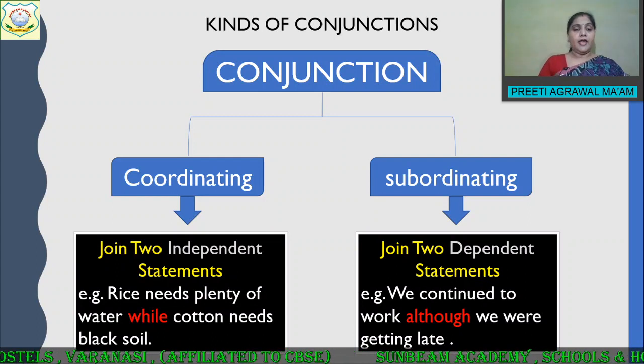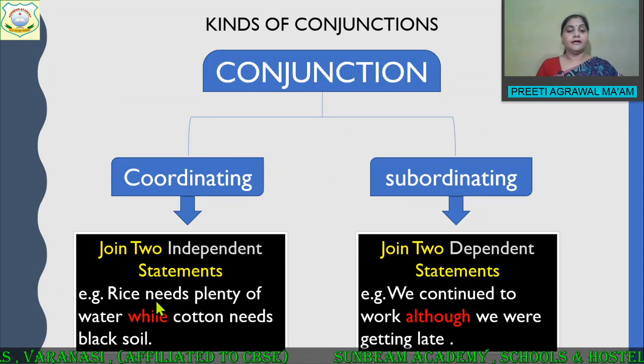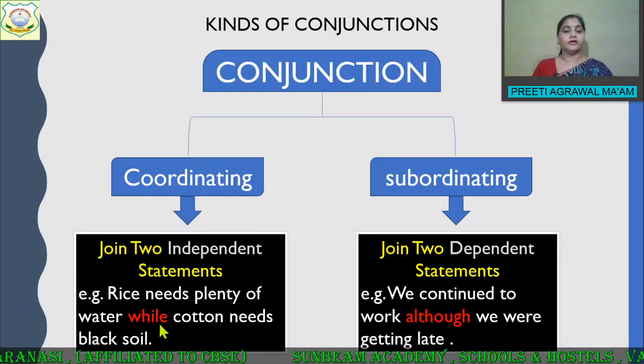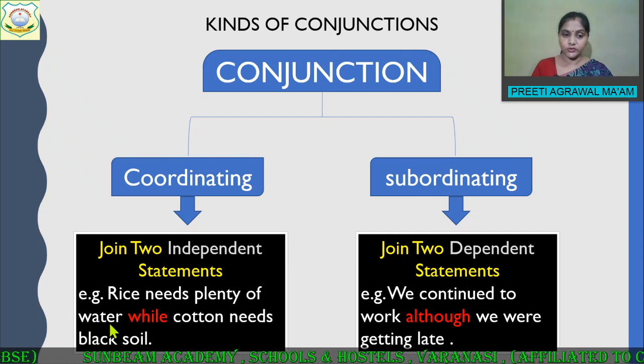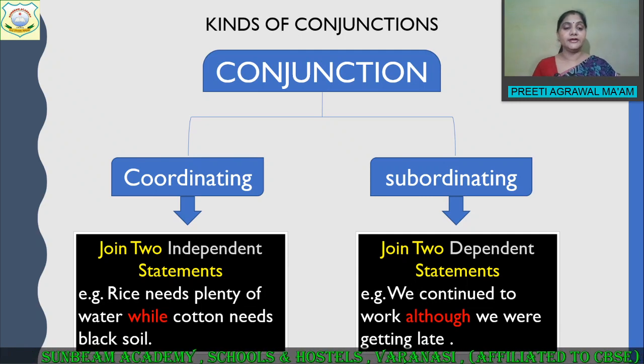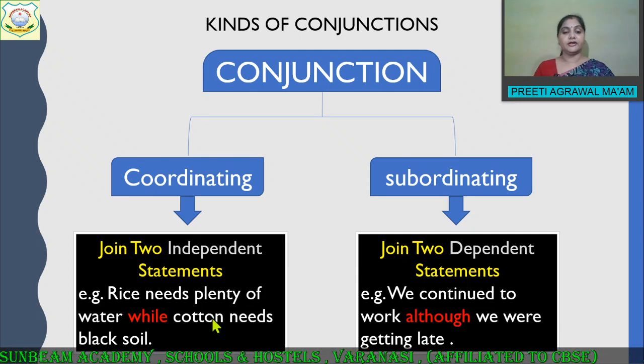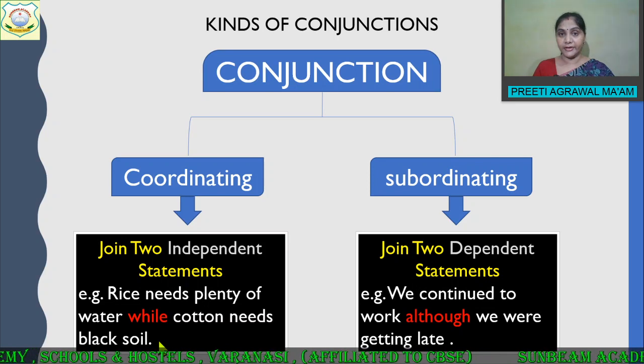First, see, as I have written here the example: rice needs plenty of water while cotton needs black soil. So here, if you are reading the first sentence, rice needs plenty of water, are you getting the full meaning of it? Yes, you are getting. It is expressing its meaning in detail. Now the second sentence, cotton needs black soil. Is it giving you the full meaning?